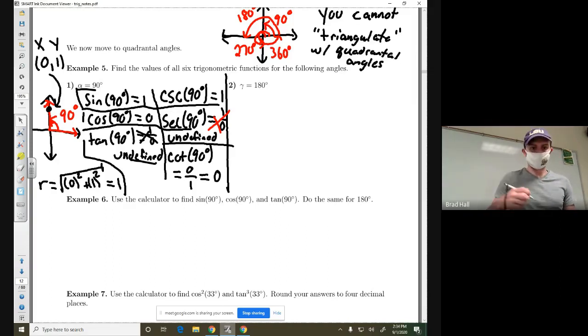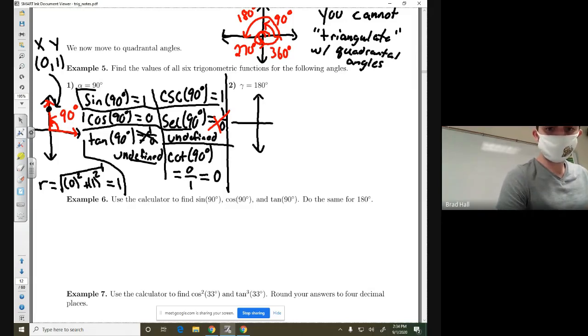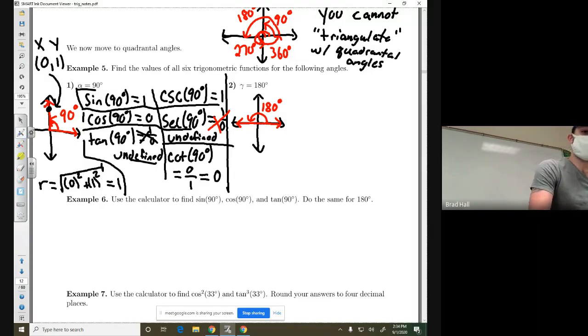So let's move on to 180 here. So 180, like I mentioned, is a quadrantal, which means you cannot triangulate with it. So if you were to draw out an XY plane and graph a 180-degree angle, you would attempt to find a point on the terminal side.